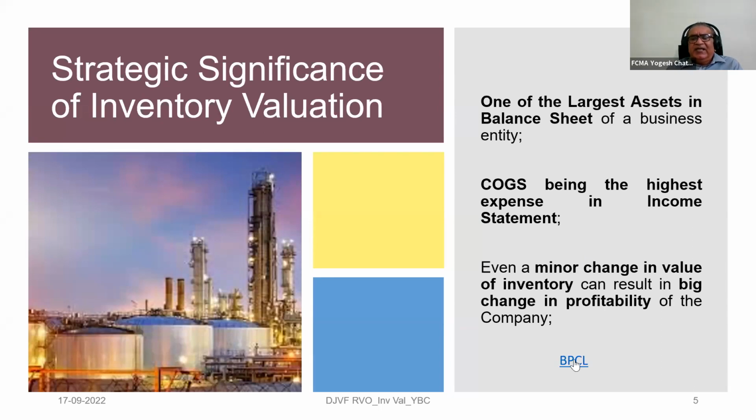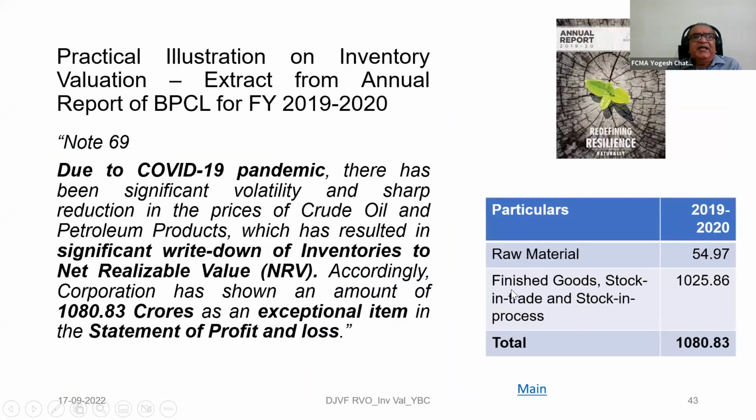This I have taken from the balance sheet of BPCL, or Bharat Petroleum Limited, for financial year 2019-20. As we have seen in the beginning, inventory is shown in the books of account either at cost price or at net realizable value.